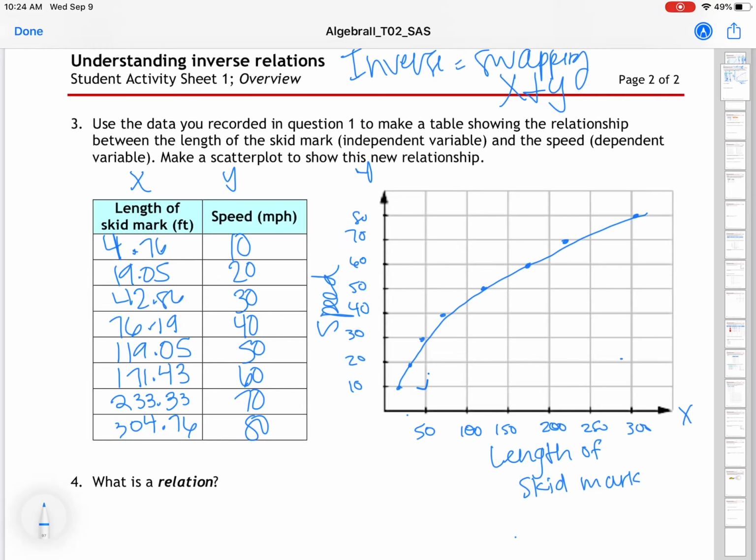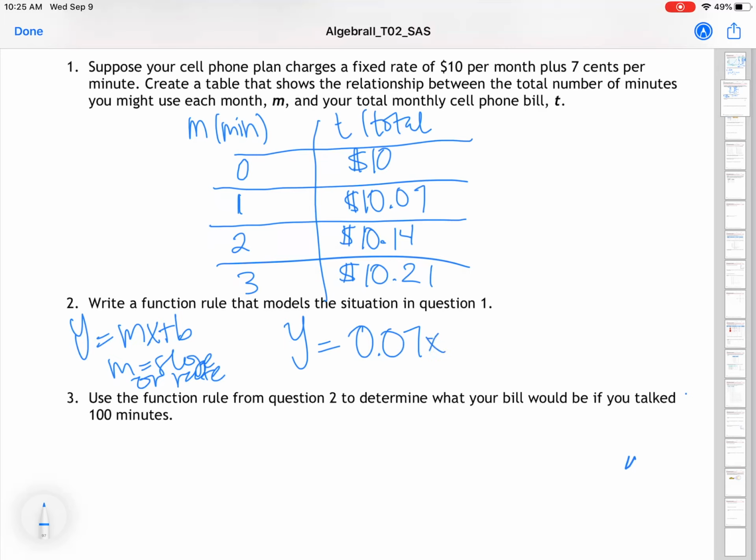Number 2, write a function rule that models the situation. Well, we're going to have to use slope-intercept form. So T equals my slope or my rate. My rate in this case is 7 cents, and my y-intercept is where I start at 0, so that is 10.